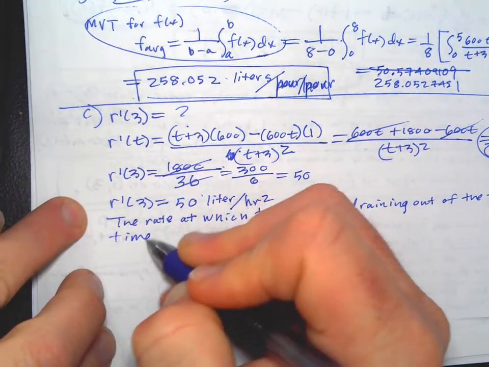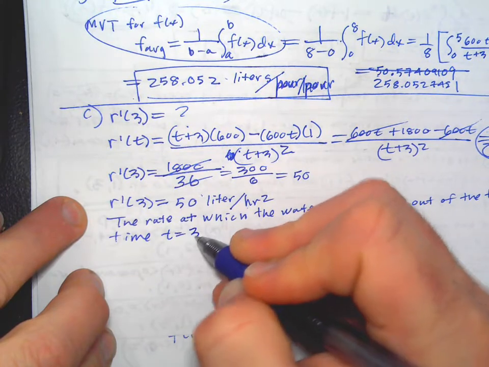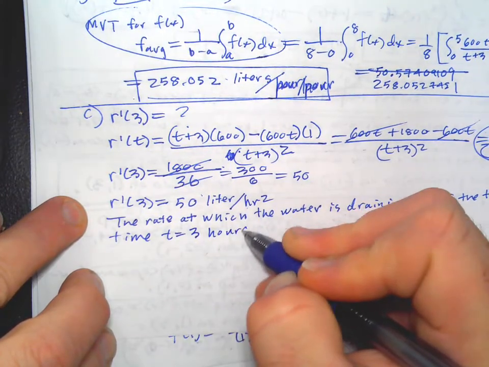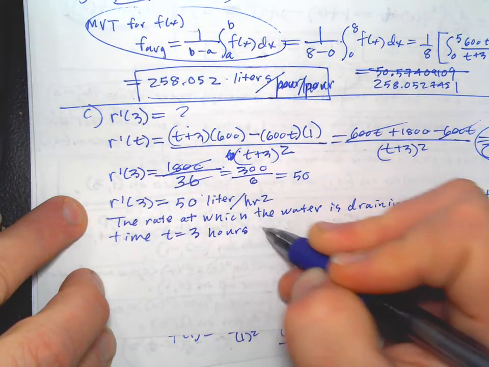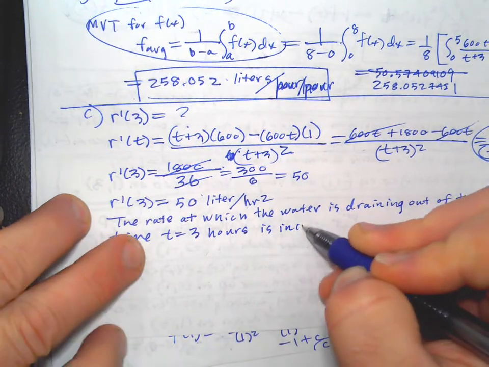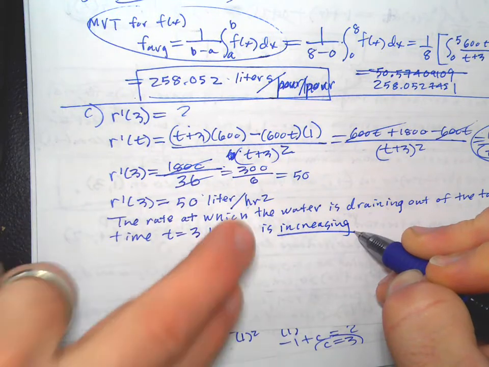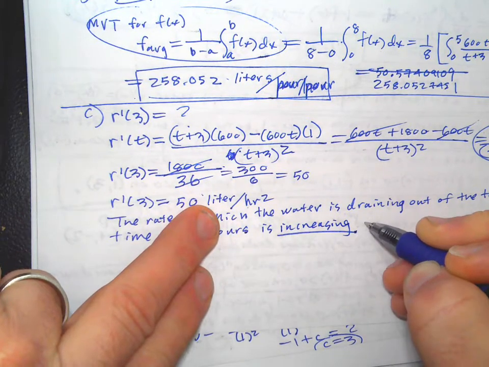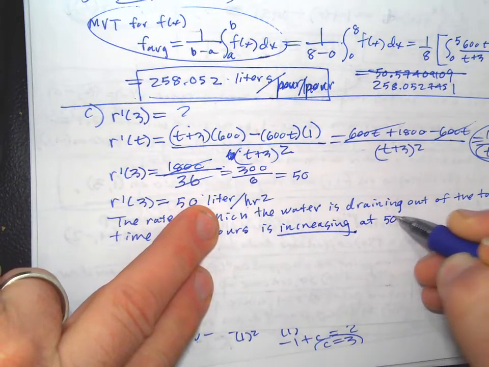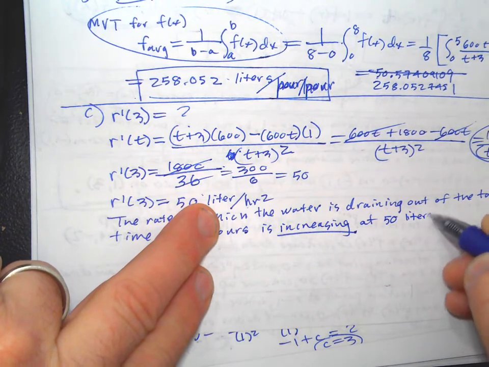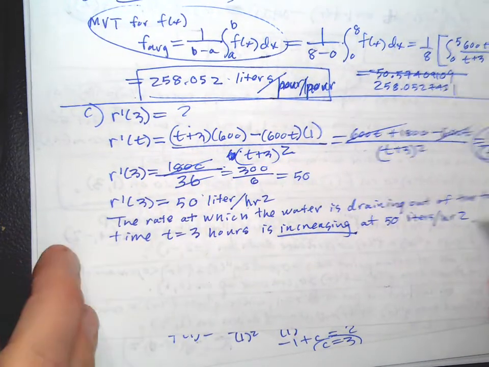You got to mention the time. This isn't all the time. Time t equals 3 hours using correct units is increasing. So the derivative of the derivative is positive. So the rate is increasing at 50 liters per hour squared.